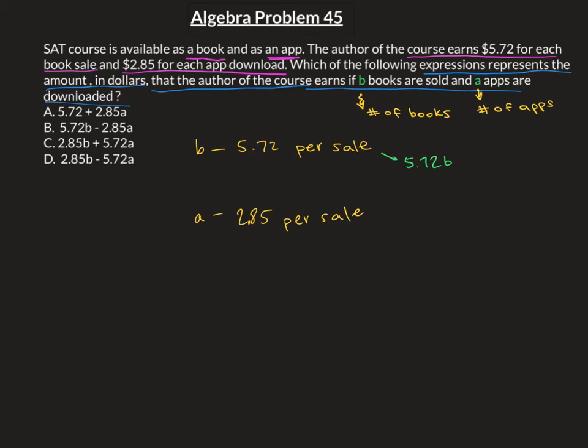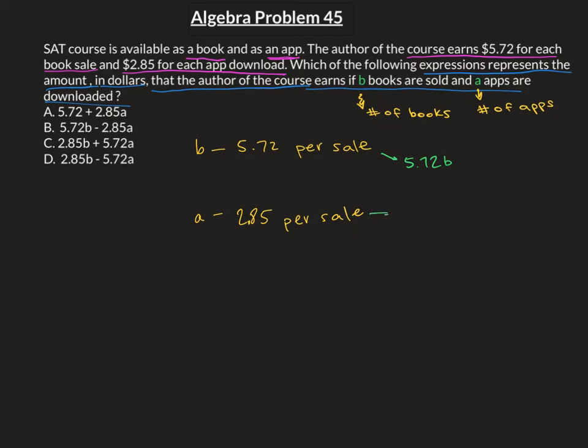If we're taking, say, 12 books, that means each book he would earn $5.72, so 5.72 times 12, and we'd get our value. This works for any value of B, because you're just taking the number of books, and since it's $5.72 per book, you're able to multiply, and that gives you the entire value of how much he's earned through book sales.